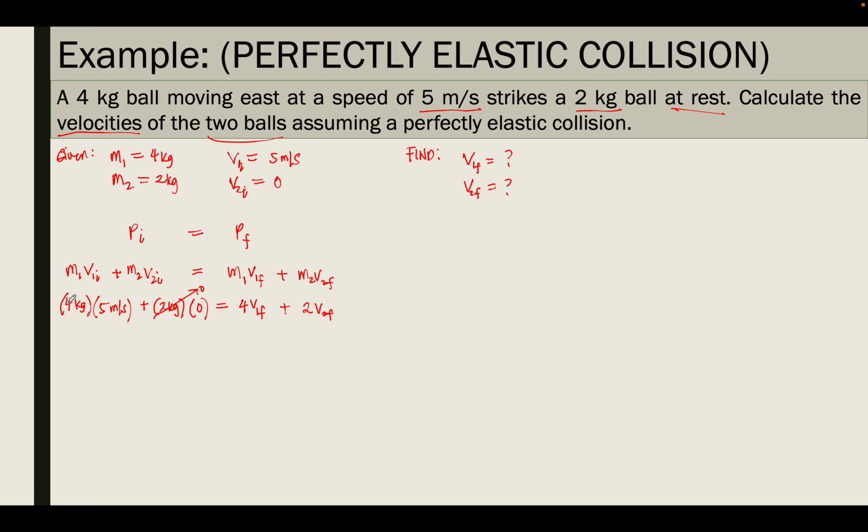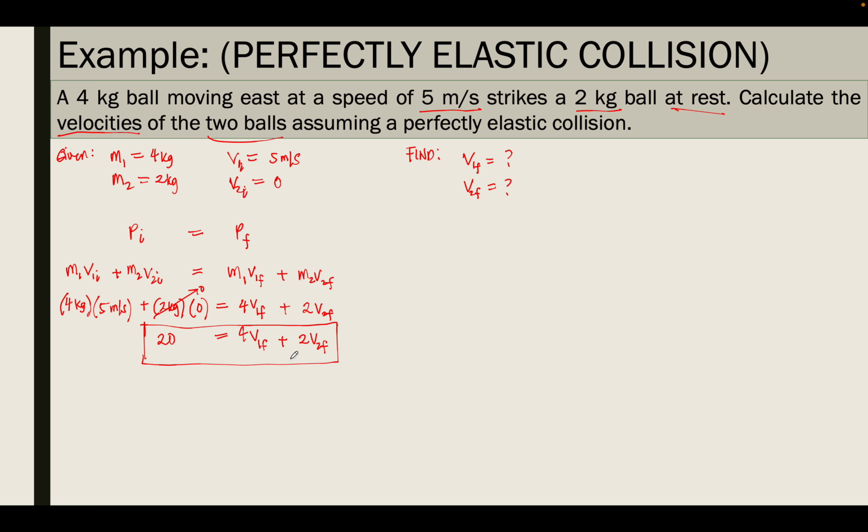So 4 times 5, we have 20 is equal to 4 V1 final plus 2 V2 final. So notice that we still cannot solve for the V1 final and V2 final. So how can we solve for them?